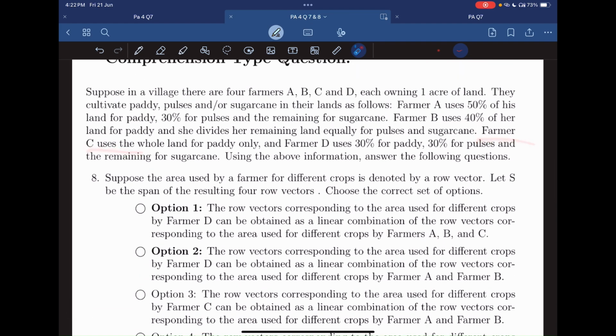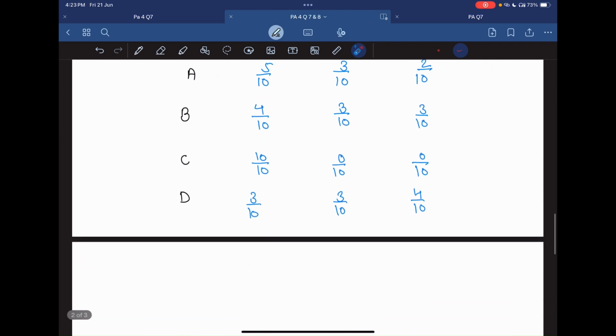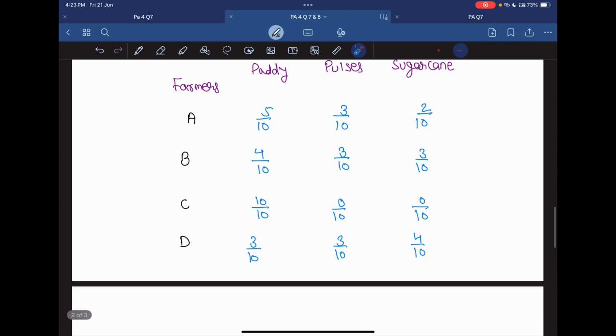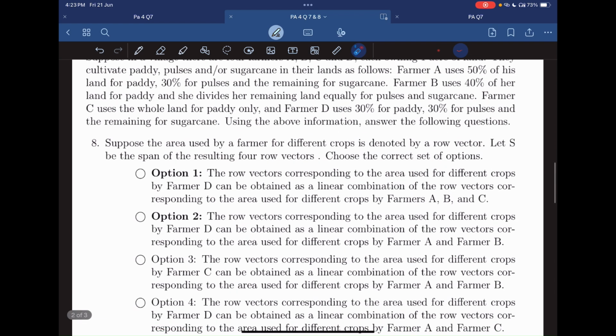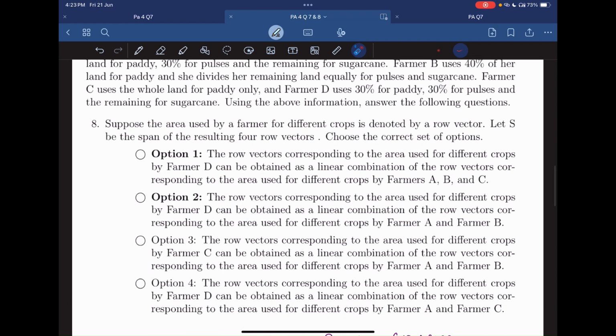Farmer C uses the whole land for paddy only, so 100% for paddy and 0% for pulses and sugarcane. And for farmer D, 30% for paddy, 30% for pulses, and the remaining, that is 40%, for sugarcane. So it's the same data that we used for practice assignment week 3, question 7 and 8.